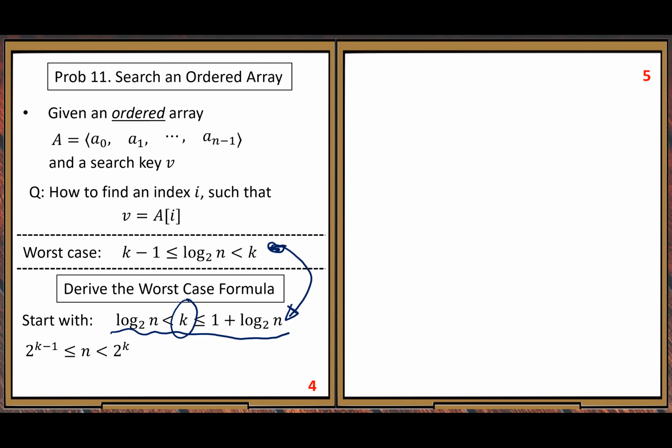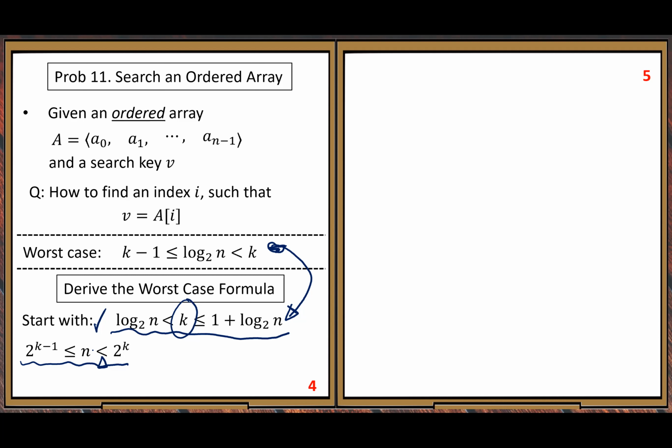To get that, let's start from this original inequality, before we take the log base 2. Why do we go back to the previous inequality? Because look at here, strictly less than, we want to tighten.